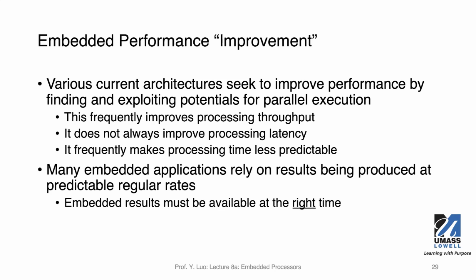If there's any violation of these timing constraints, then the system is going to report a serious error or shut down, or do some drastic last resort to protect from any serious consequences.